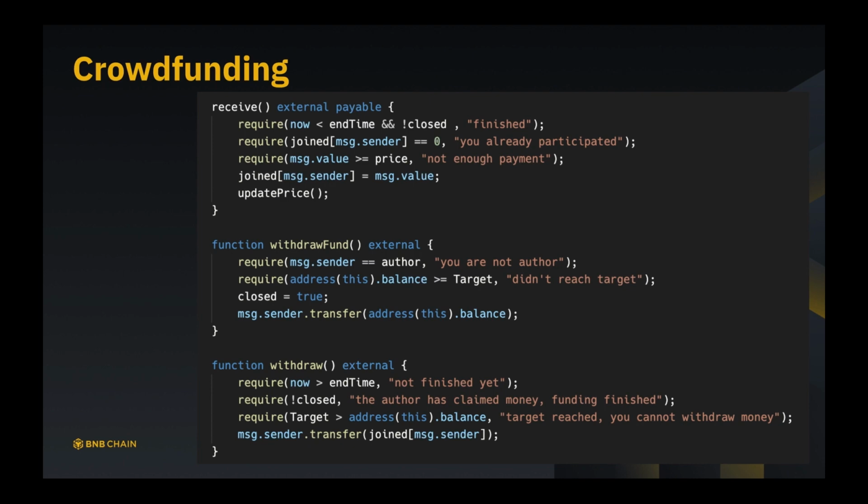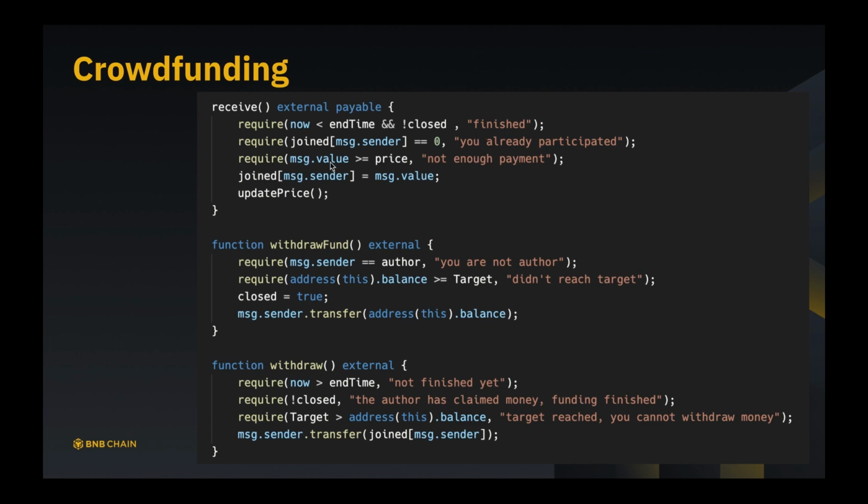Otherwise, we say it's finished. In require, the first part is going to be the condition. The second part is what will show up if the condition is not satisfied. So if now is smaller than end time and it is not closed, then it's okay, we are able to proceed. Otherwise, it will show that it's finished.